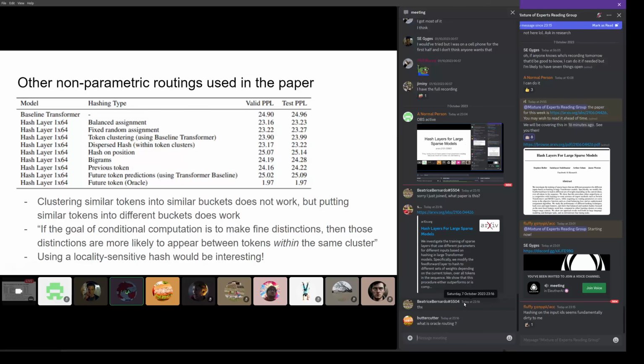Part of me wonders how much that's attributable to the transformer that they used for clustering, whether if you had a transformer of a similar scale to the hash model being trained itself, or a much bigger transformer that had a much better representation of the tokens, that clustering would work better.